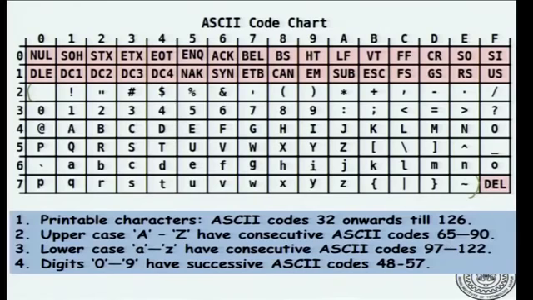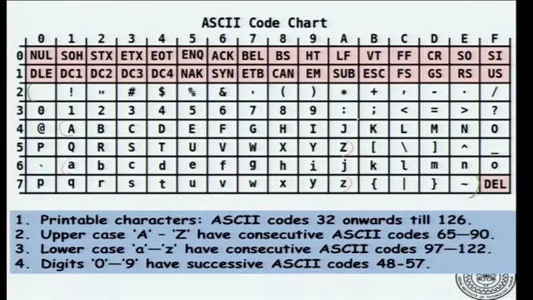Out of this, the capital letters start from hex 41, which is 65 in decimal, and go on up till decimal 90. Small letters start from 97 and go on until 122, and so on. Digits 0 to 9 occur before any character.